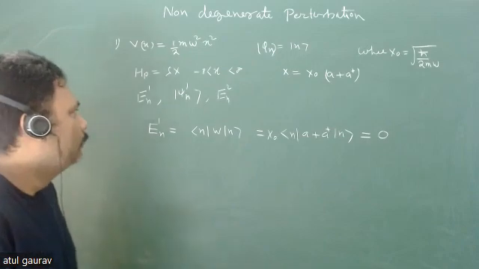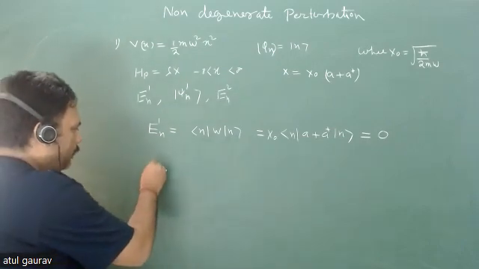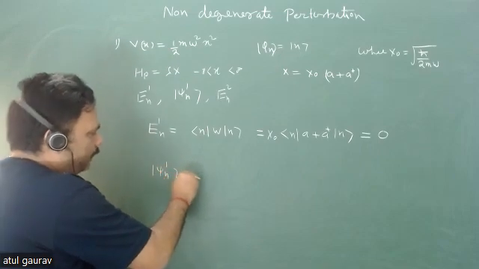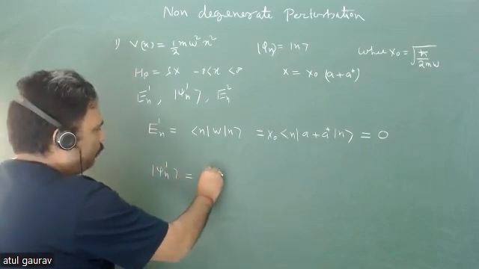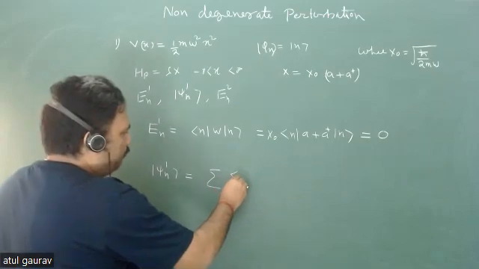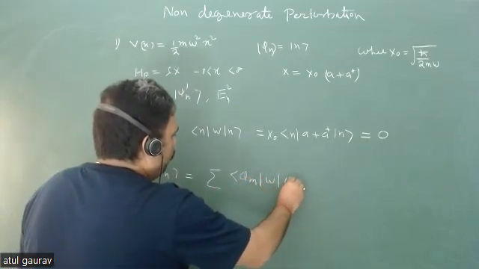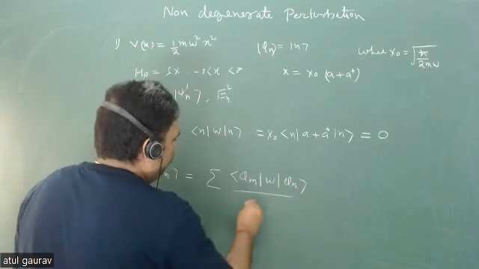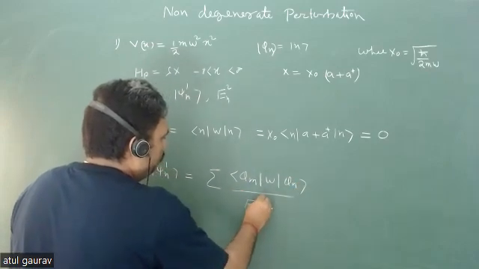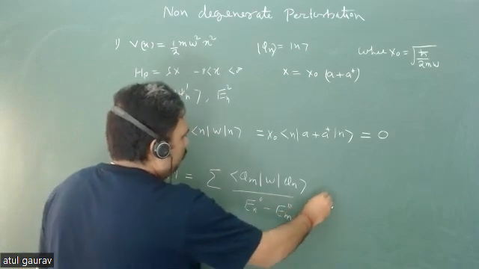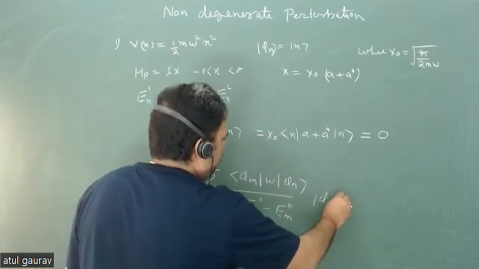Now let's go for psi n1. When you are going to calculate psi n1, you have to go for the formula, that is the sum over m of <phi m|W|phi n> divided by En0 minus Em0, times phi m.